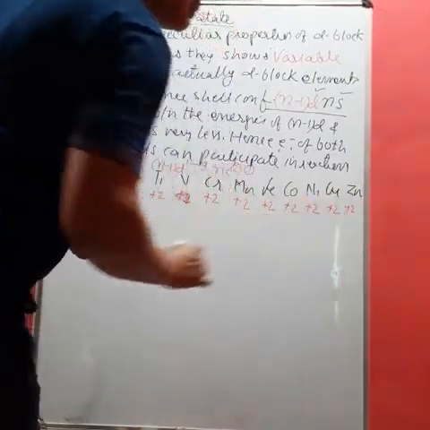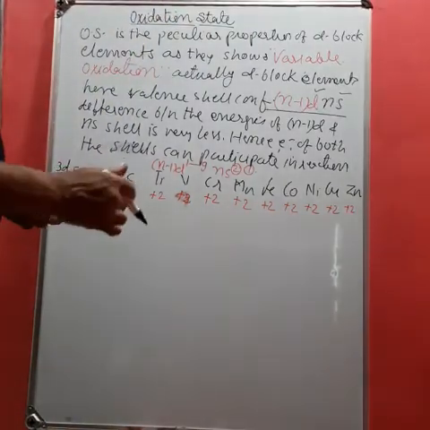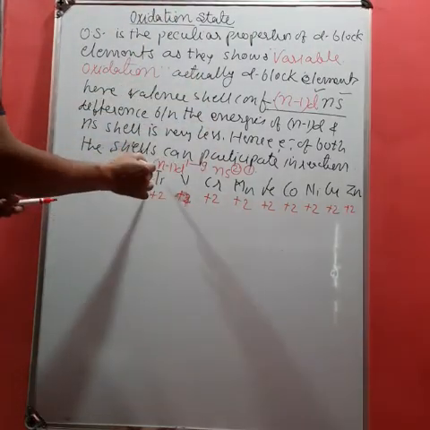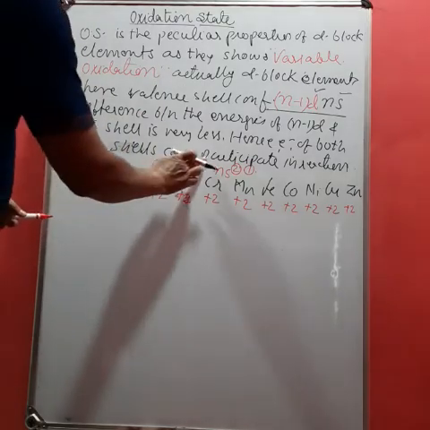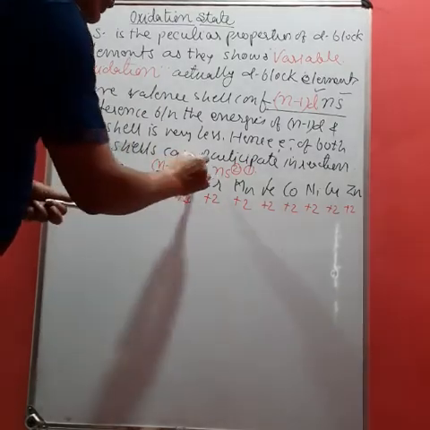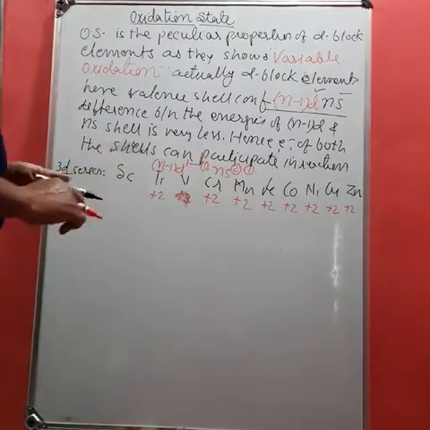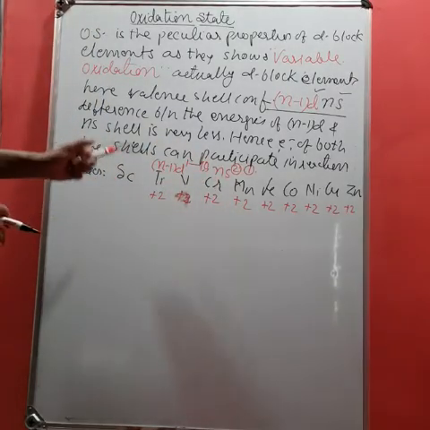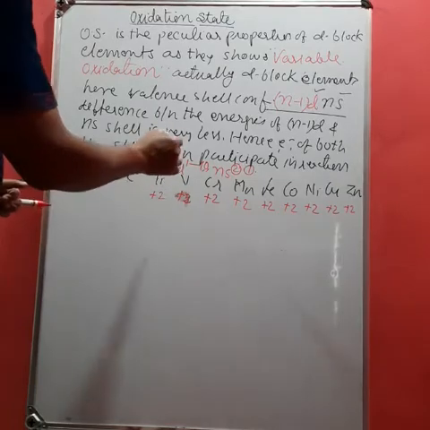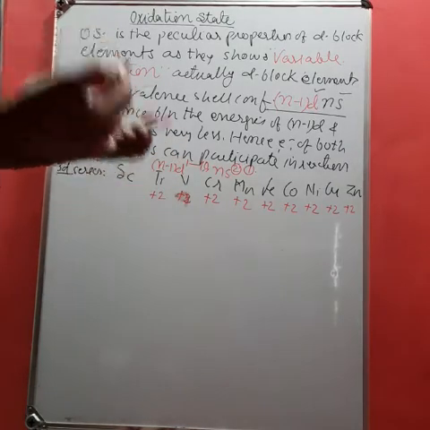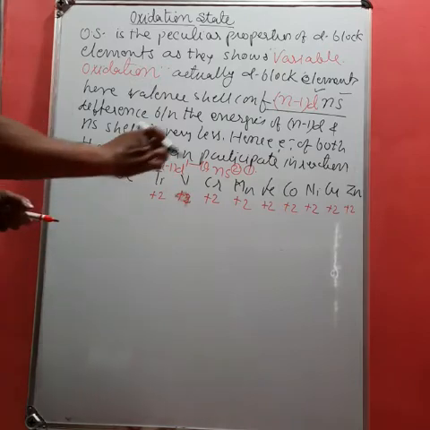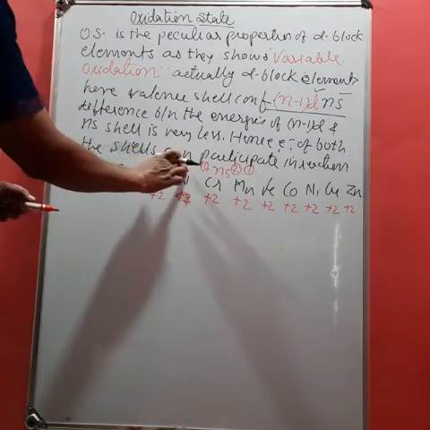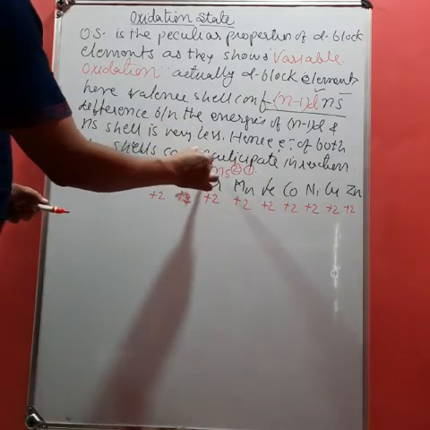All elements show +2. But student, along with the +2, there is one more shell, the penultimate shell, which consists of 1 to 10 electrons. If the d orbital electrons participate, then the oxidation state will become 2 plus whatever electrons are involved from here.